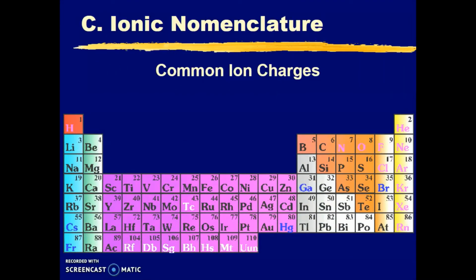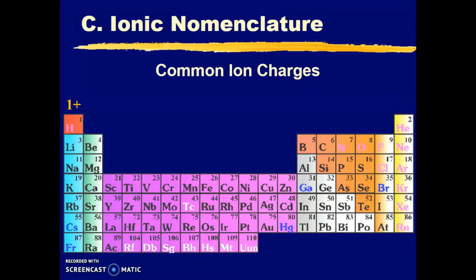Okay, so let's look at our periodic table pattern. You may want to add these numbers to your periodic table that you printed out. Those that exist in column 1 have a positive 1 charge because they have 1 electron in that outer shell.